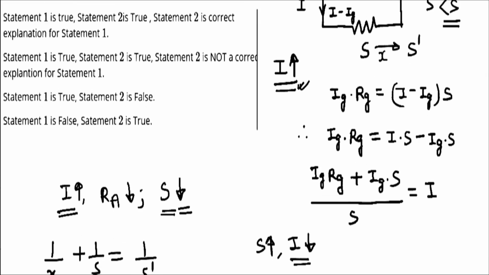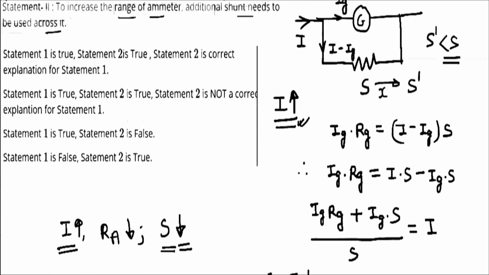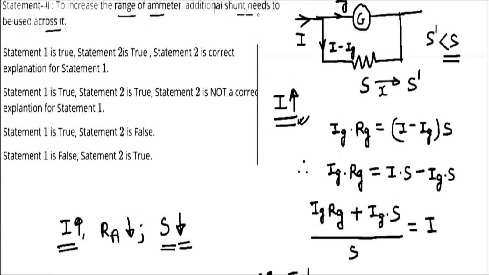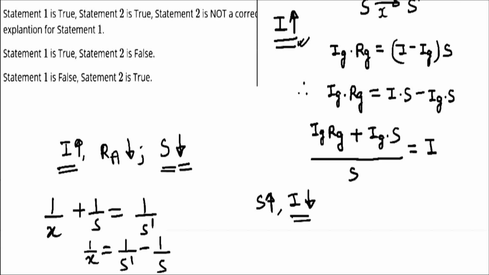If we are going to increase the range of the ammeter, additional shunts need to be used across it. That is the correct answer, because when we increase the range of the ammeter, the equivalent shunt resistance will decrease, so the equivalent resistance of the ammeter will decrease and the range will increase.